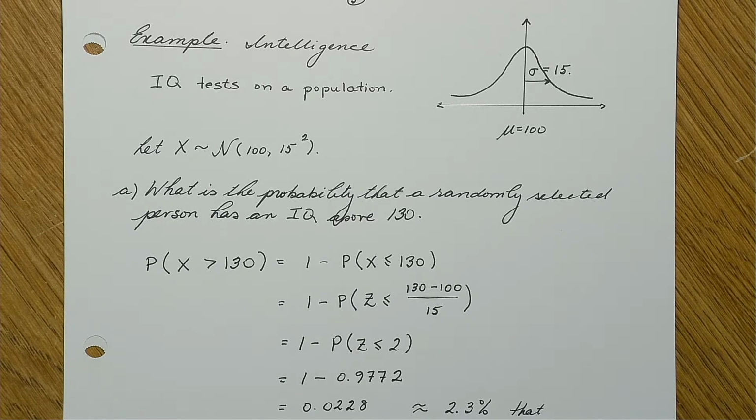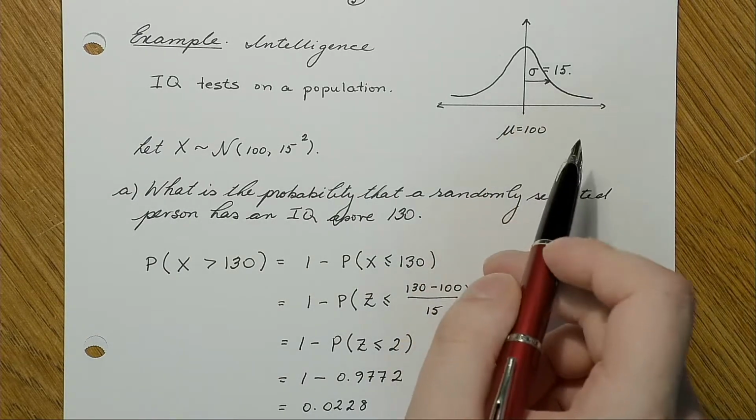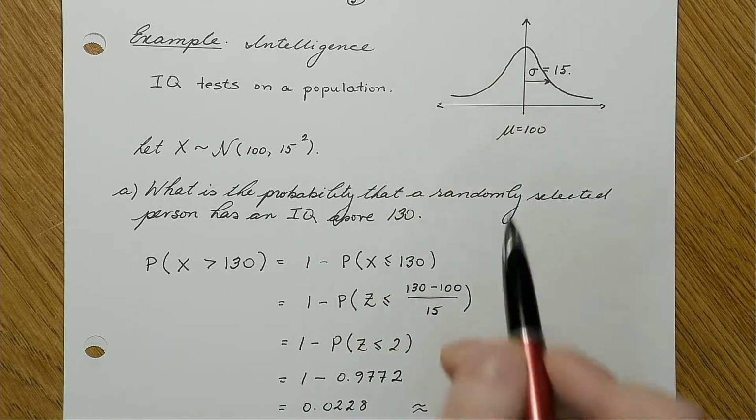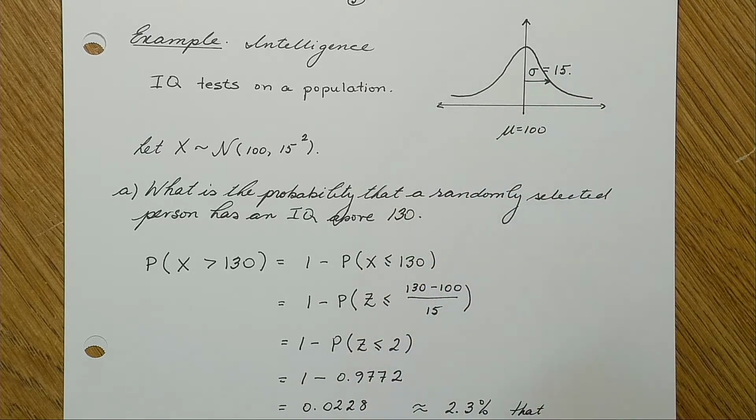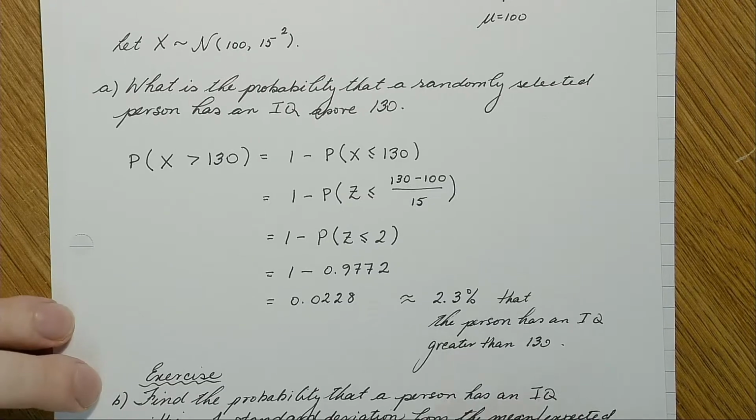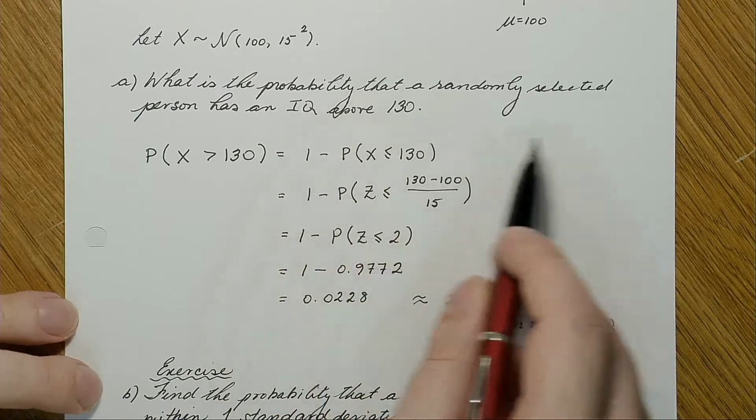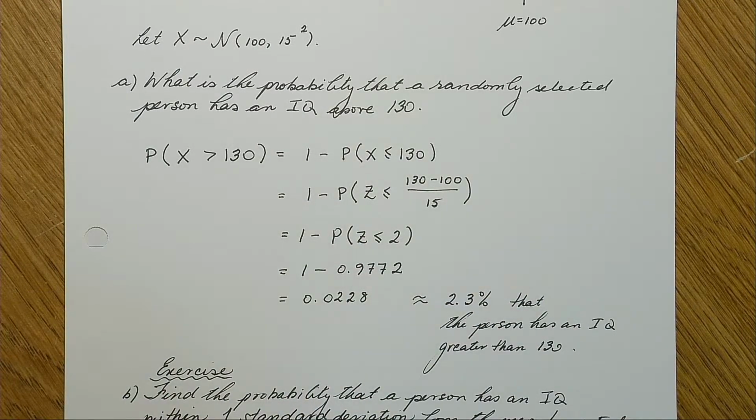Every couple of years we have to normalize it for the next generation, such that the mean is 100 and the standard deviation is 15. So we had calculated the probability that somebody randomly selected has an IQ above 130, and that it's a 2.3% chance, or 2.3% of the population have an IQ greater than 130.